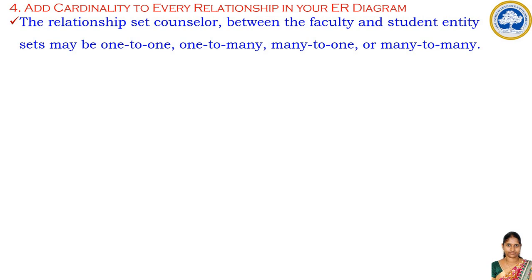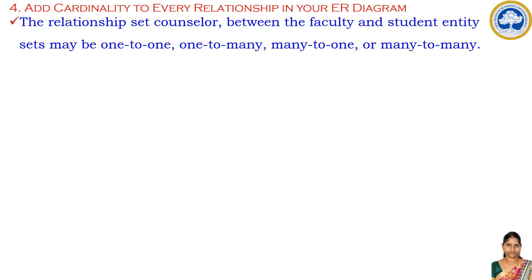Student and faculty are entities and the relationship set is counselor or mentor. If I say one-to-one, one faculty with one student: only one student, the faculty may be a mentor.